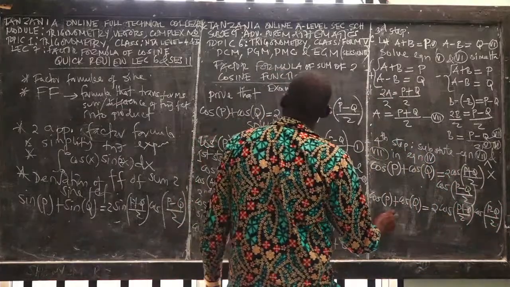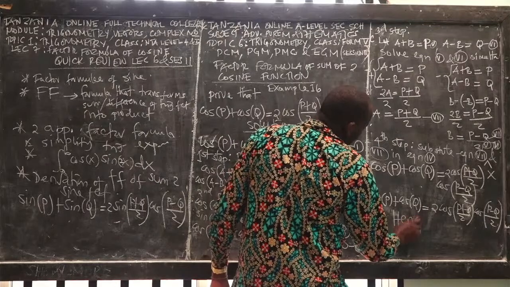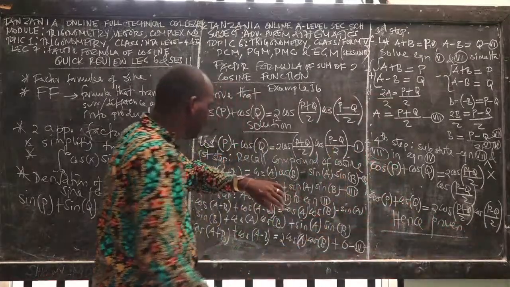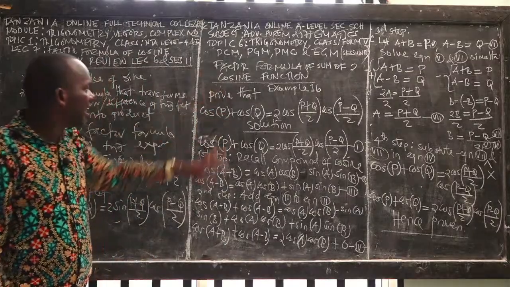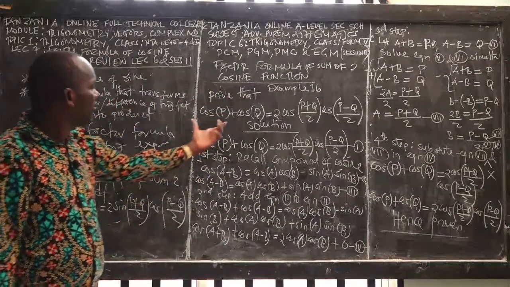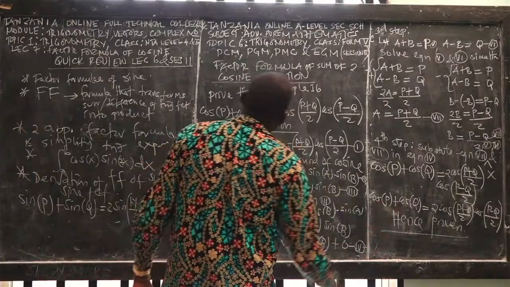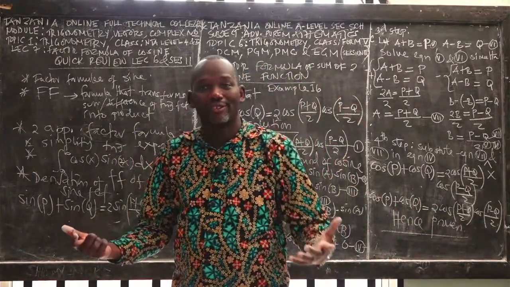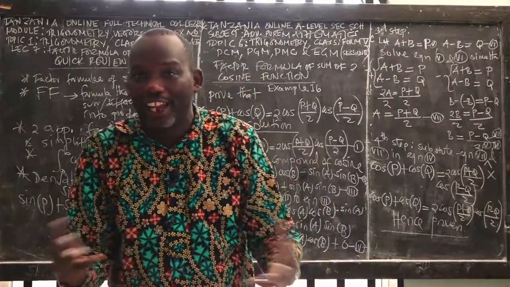Hence proven. What you have there, it's what you have been given in example 16. On the left hand side, we have this. Right hand side, we have this. Wonderful. Did you understand? Umeelewa?